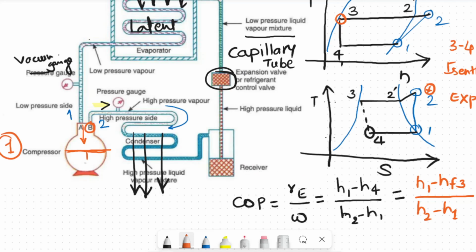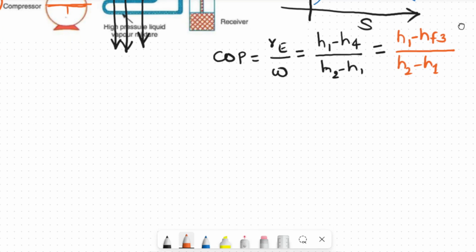Now, let us talk about the next cycle. The things will remain the same, the working will remain the same, the only change will be with the refrigerant which is entering the compressor.